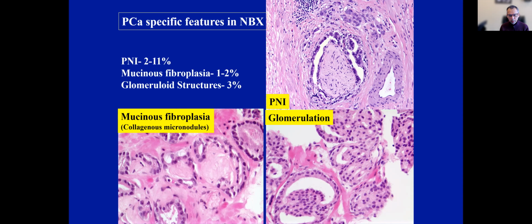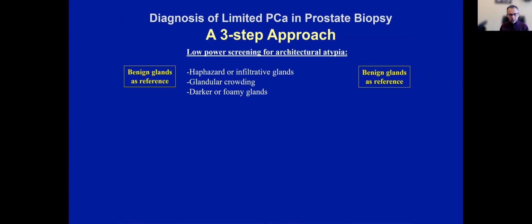So in day-to-day practice, what I would emphasize is an integrated 3-step approach towards prostate cancer diagnosis. The first step in this process is a careful low-power assessment of architectural and cytoplasmic details.